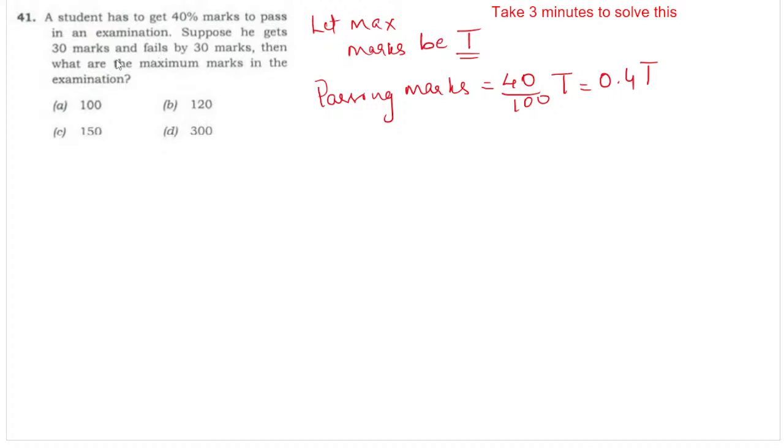Suppose he gets 30 marks and fails by 30 marks. Then what are the maximum marks in the examination? So the student has got 30 marks. Student's marks is equal to 30, and he has failed by 30 marks.